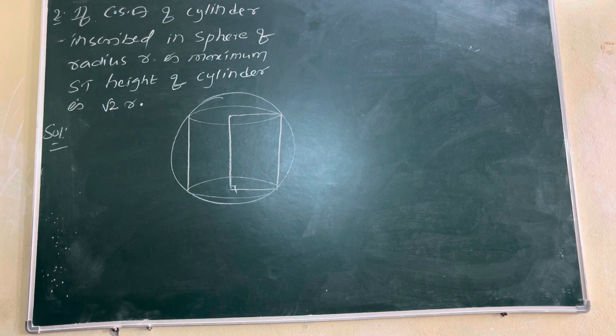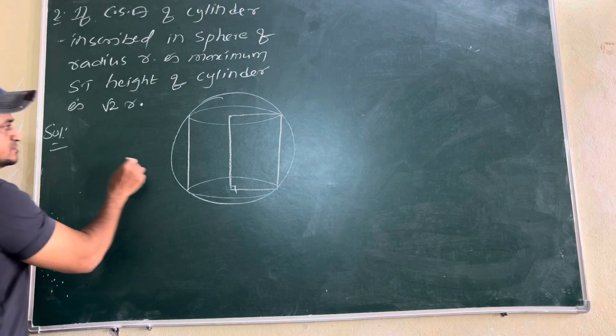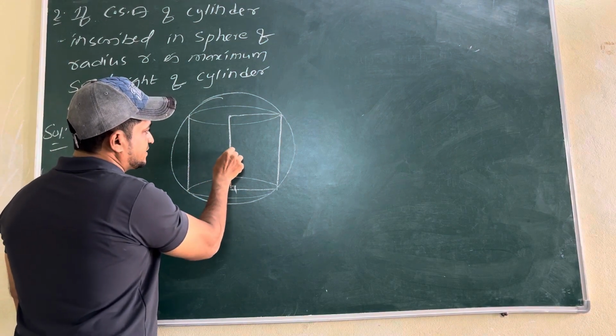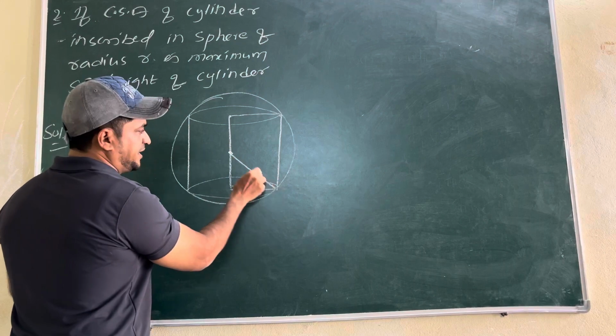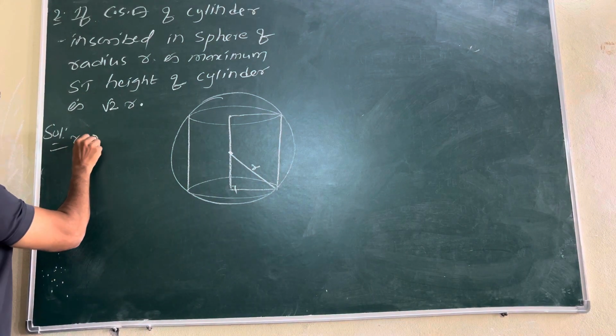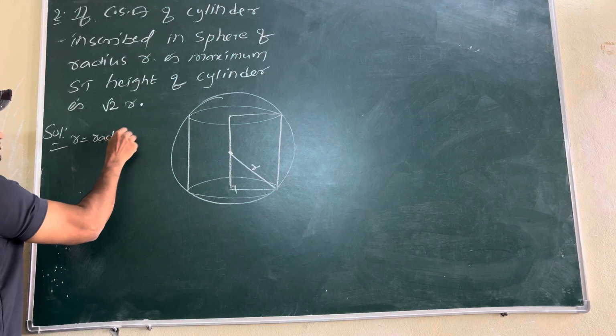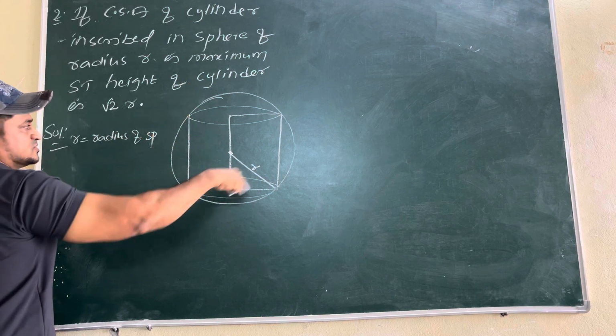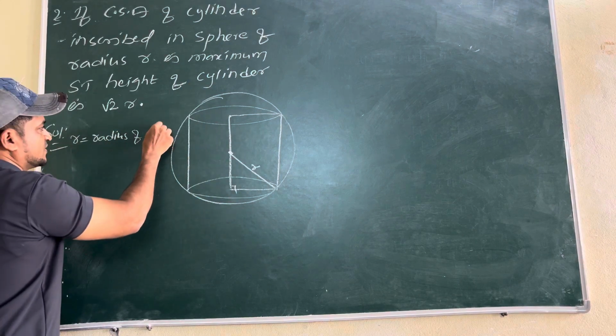Sphere of radius r. Center to the end is radius. So first we will consider r equals radius of sphere. The big figure is the sphere, so we will consider the original value for this one.